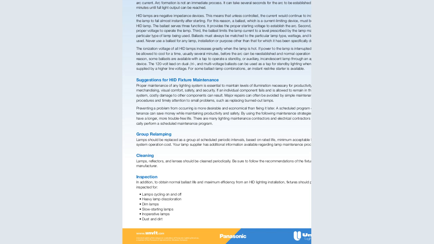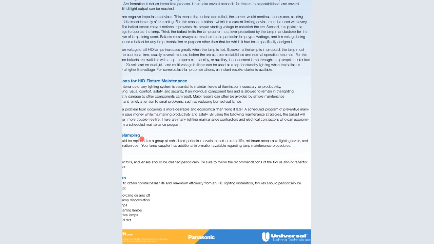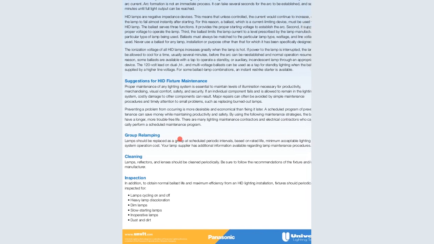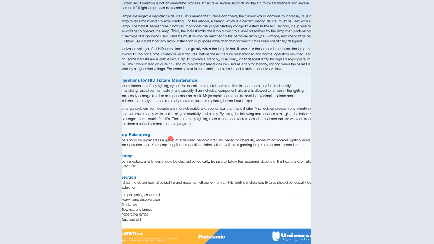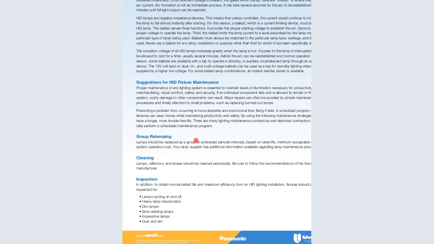For proper maintenance of the lighting system, it is essential to maintain levels of illumination necessary for productivity, that is visual comfort, safety, and security. If an individual component fails and is allowed to remain in the lighting system, costly damage to the other components can result.